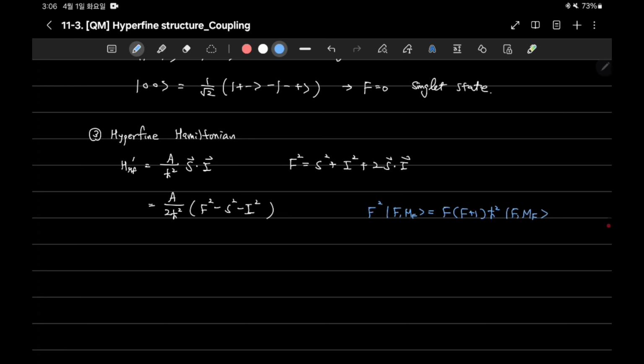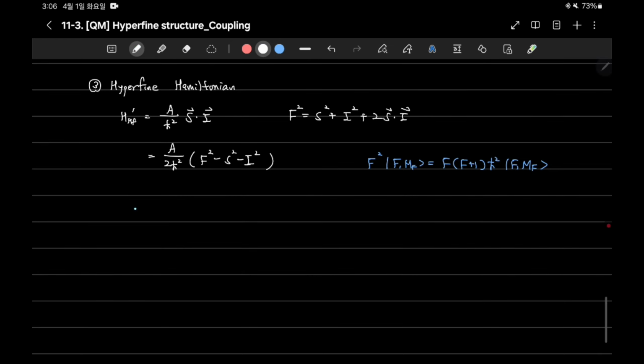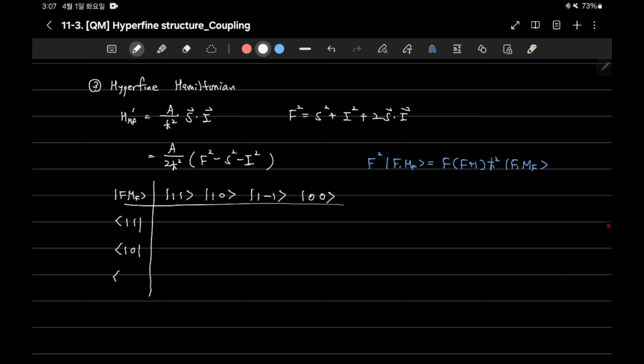Let's think about the matrix elements of f square in the basis of f and mf: 1 1, 1 0, 1 minus 1 and 0 0. There are four possible states. Three are a triplet state, and one is a singlet state.